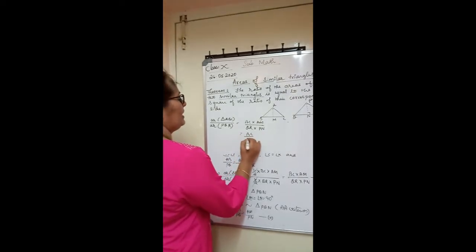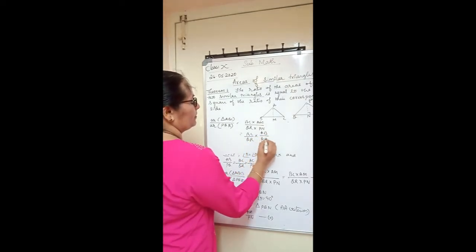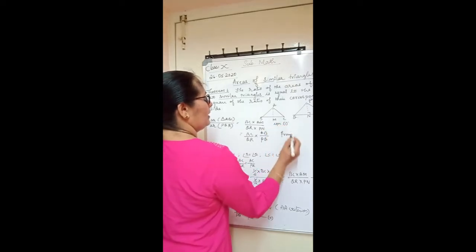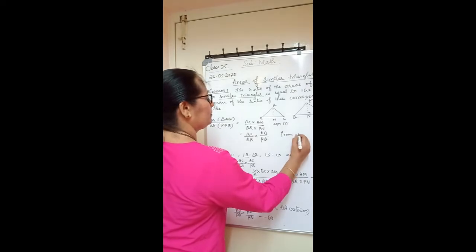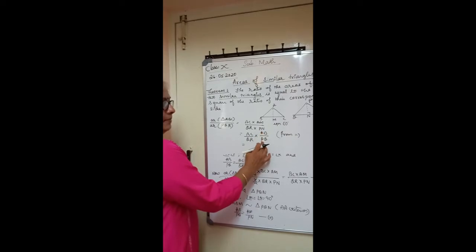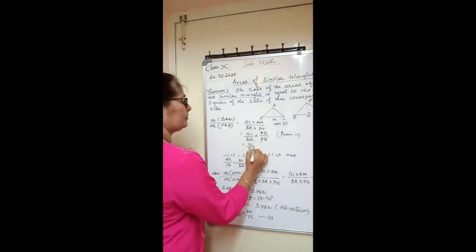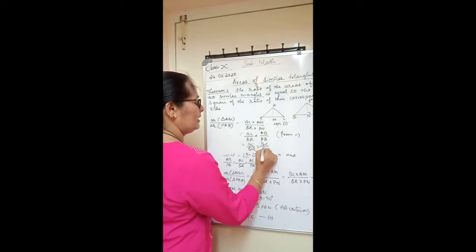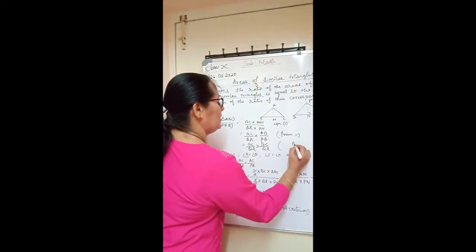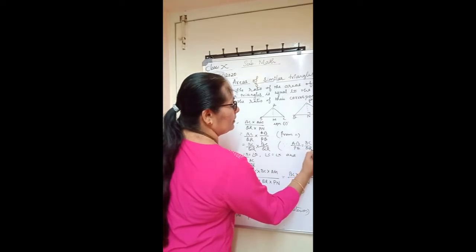So BC by QR into AB by PQ, from equation 1 and equation 2. And AB by PQ is also equal to BC by QR, since AB by PQ equals BC by QR.